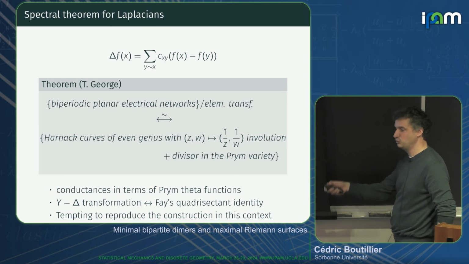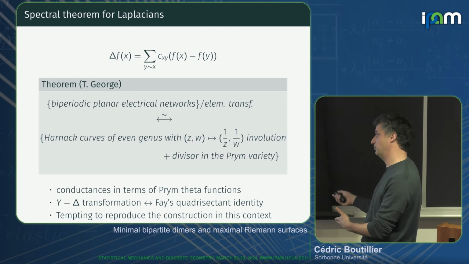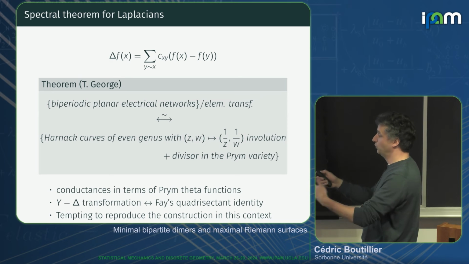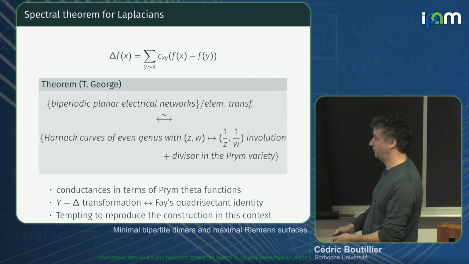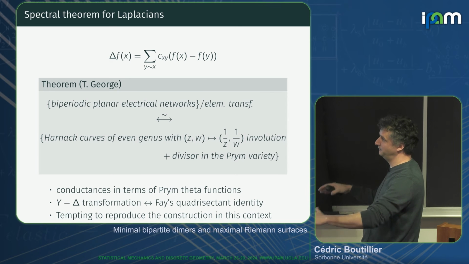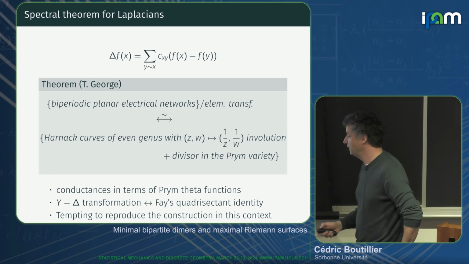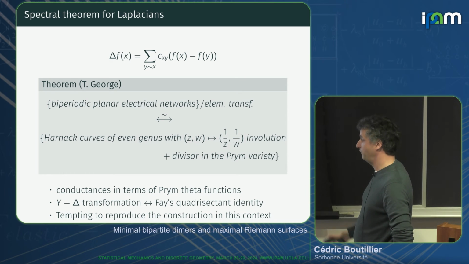So it's very tempting to try to reproduce the construction we had on dimers to the case of the Laplace operator on infinite minimal graphs, let's say.